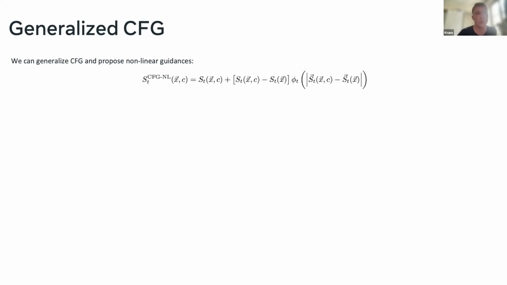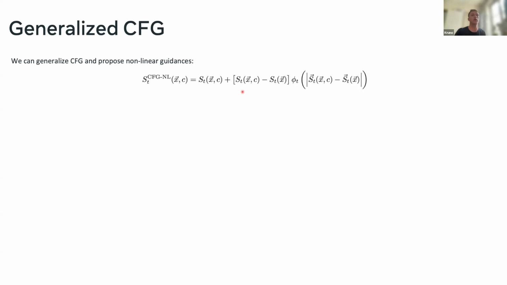By analyzing our proofs, we propose nonlinear classifier-free guidance in the following form. We still have the conditional score. We still have the difference between the conditional and the unconditional score. But now we have this function phi of t, which is a function of the norm of the difference between the two. If phi of t is just a constant function, if I fix it to omega, I get my standard classifier-free guidance.